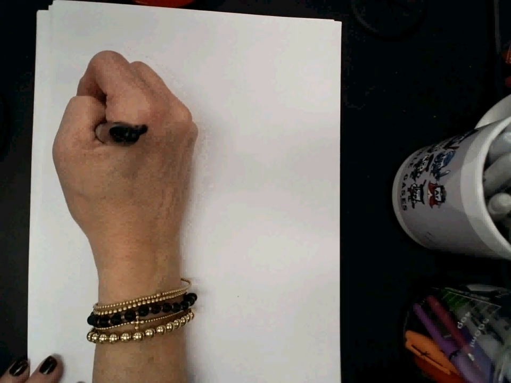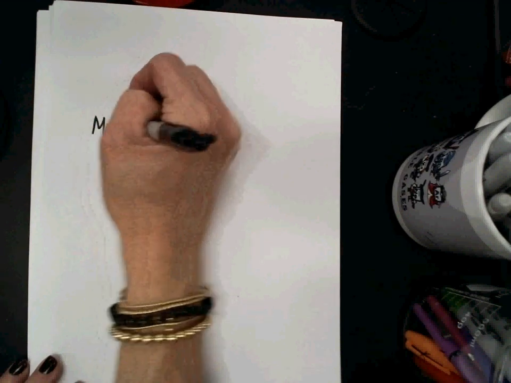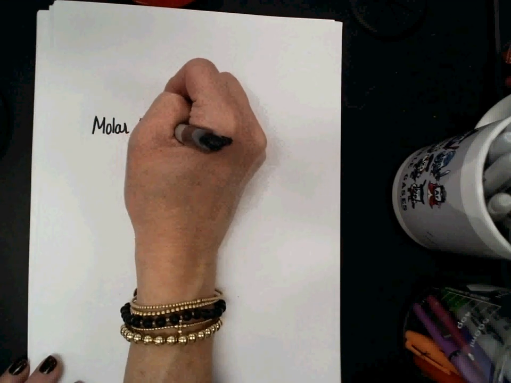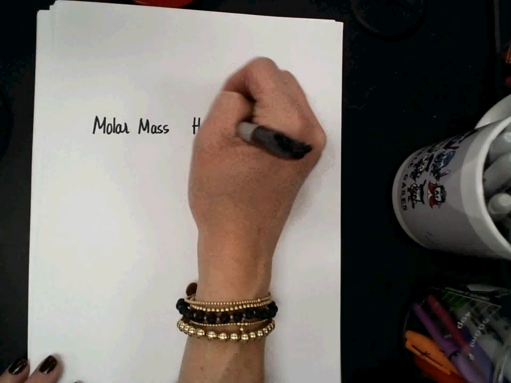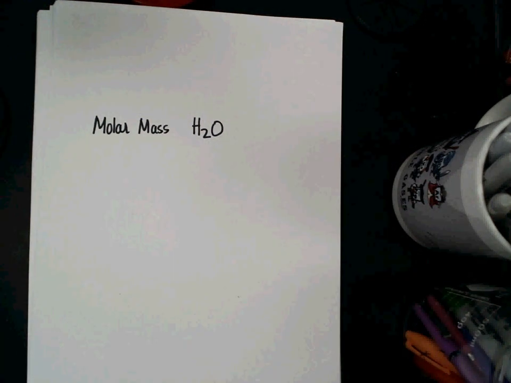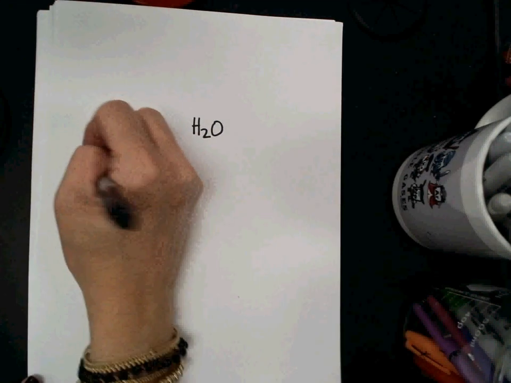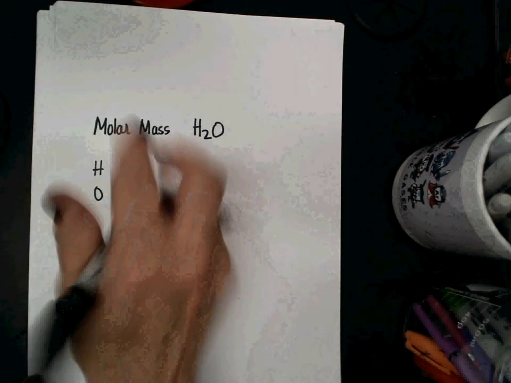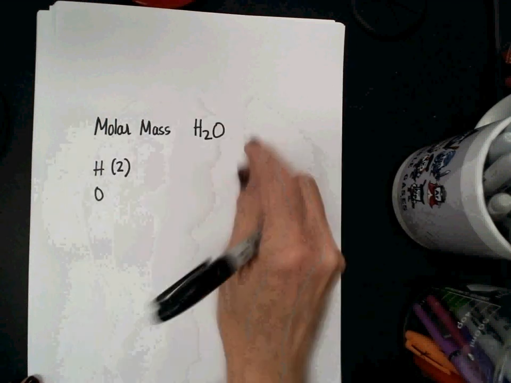Anybody have questions? All right, let's do something harder. This one's not too bad. Find the molar mass of H2O, of water. See what you get. Do you know what to do with that 2? What's that telling you? When I write these down, I always expect to see your elements listed. I would have to multiply by 2 here.